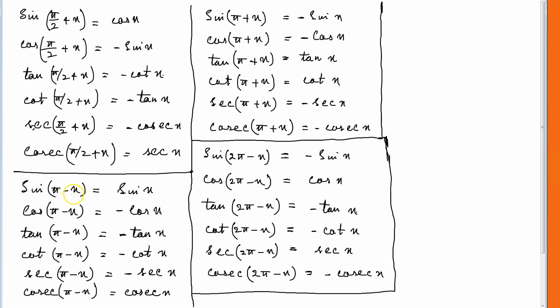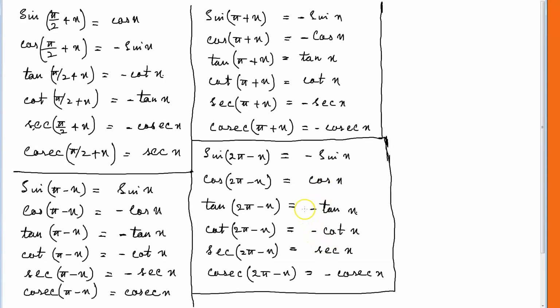When you have pi minus x, then again all of them are negative except for sine and cosecant. When you have pi plus x, basically all are negative except for tan and cot. And when you have 2 pi minus x, all are negative except for cos and secant.